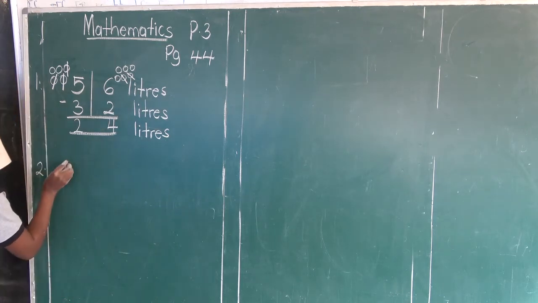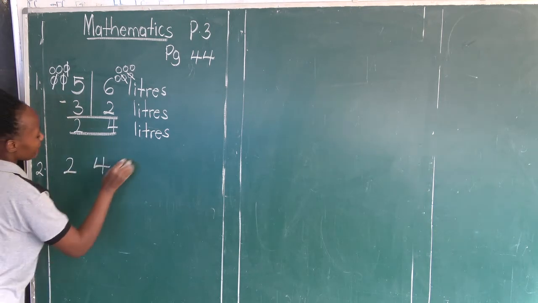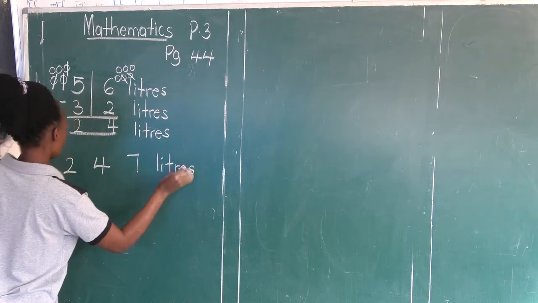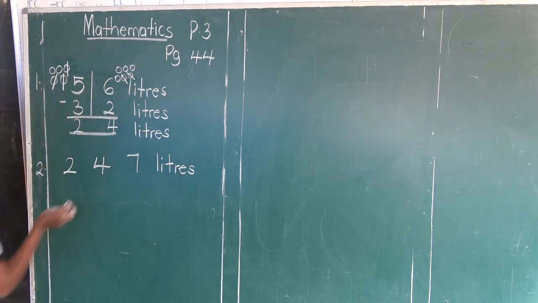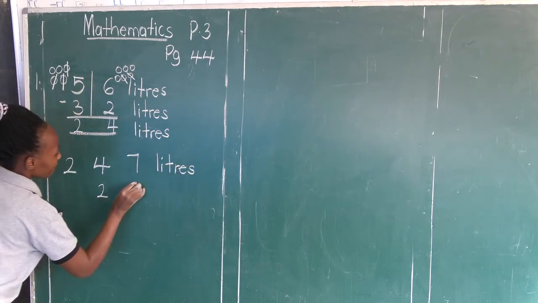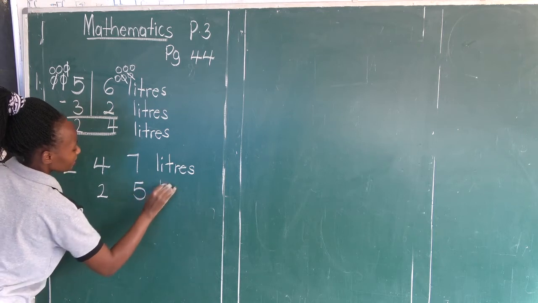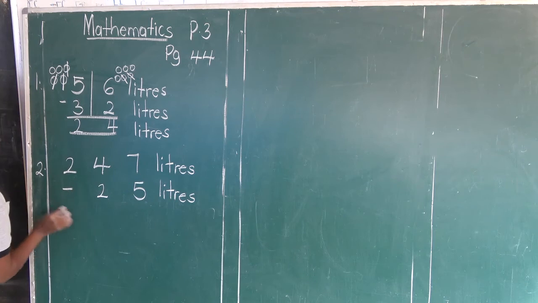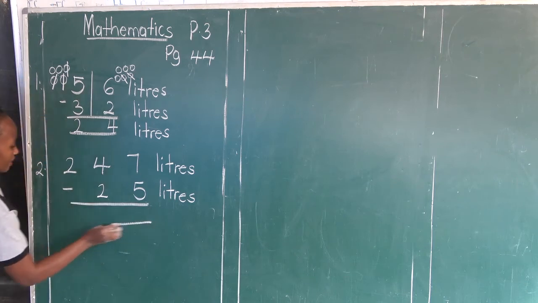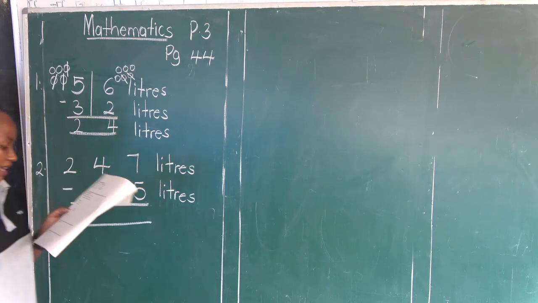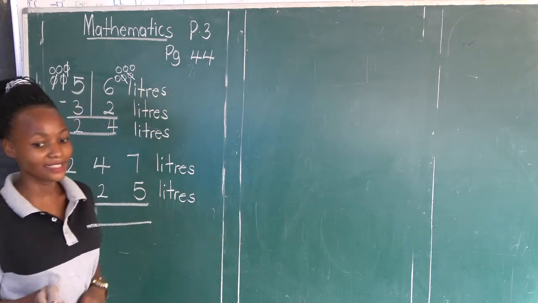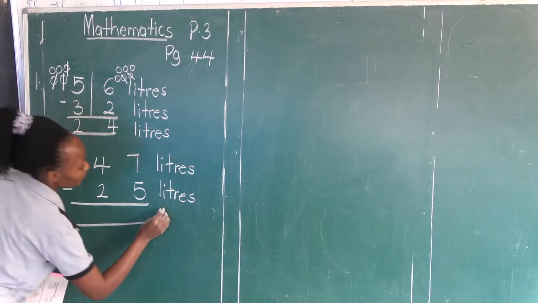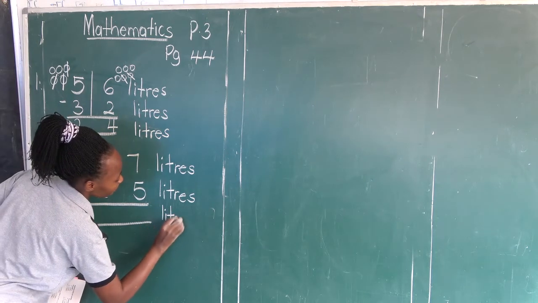Number 2 is 247 liters take away 25 liters. This one we are going to answer faster because it is also not challenging, okay? Here we first start with the unit, which is liters.